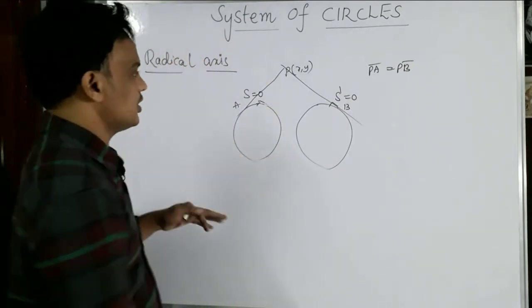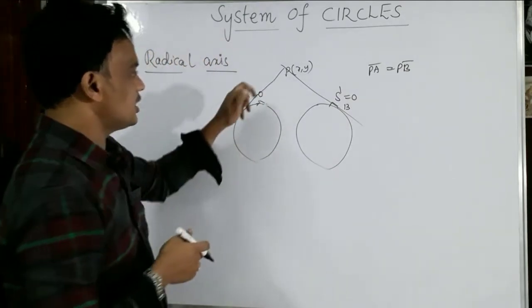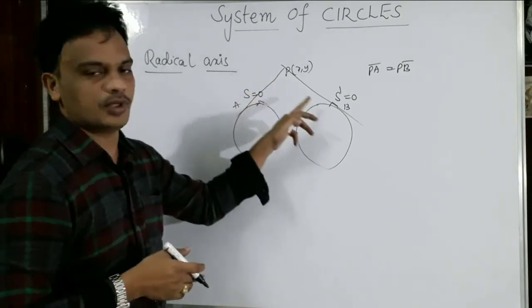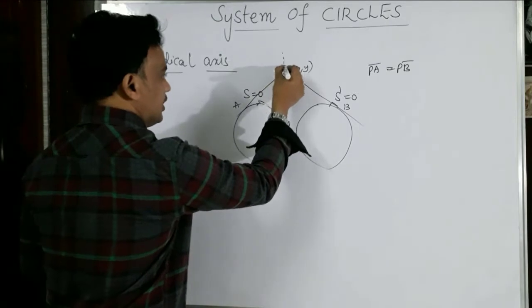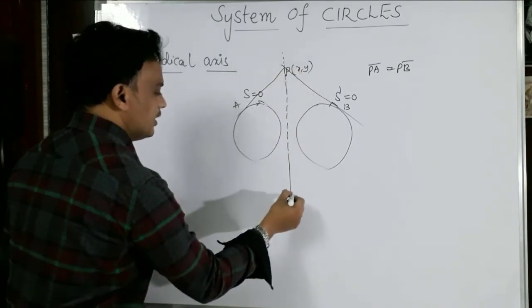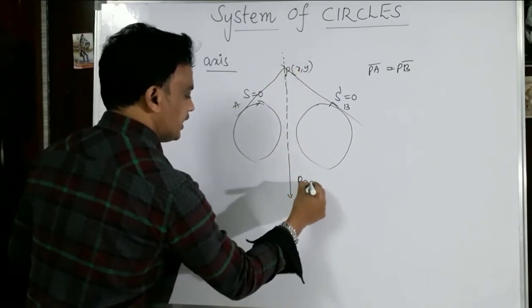By simplifying this, the length of tangent root S11 to the first circle equals root S11 to the second circle. Then the locus we get is a line. This line is the radical axis.